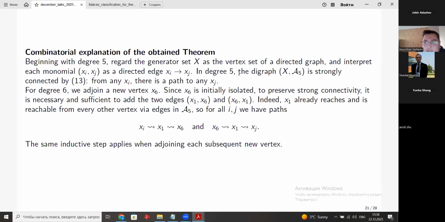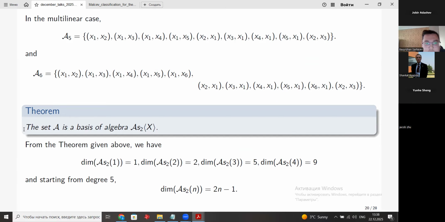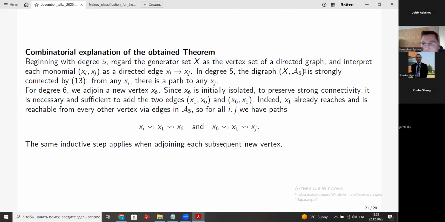And this graph is strongly connected by this theorem. Sorry, it's not given a number here. So by this theorem, in degree 5, this graph is strongly connected.